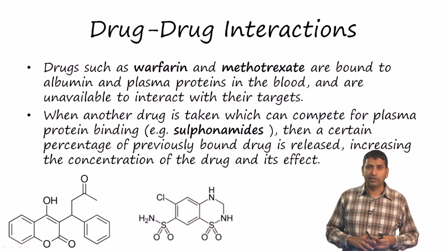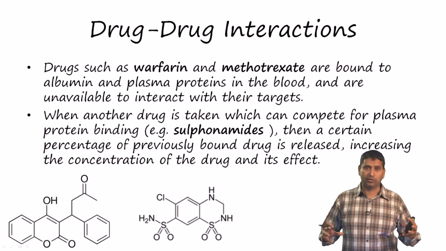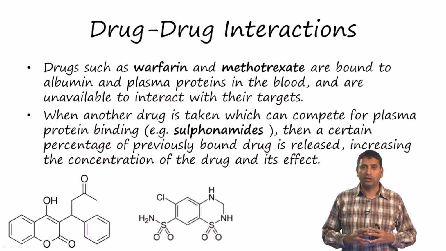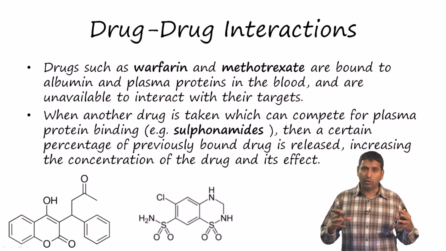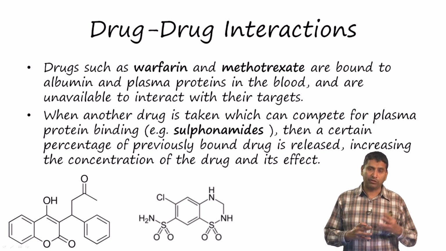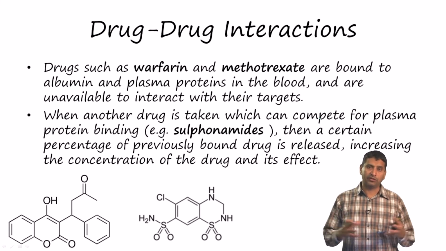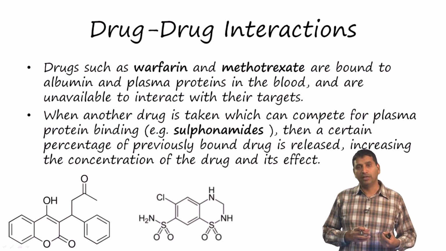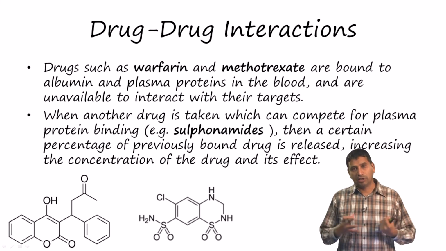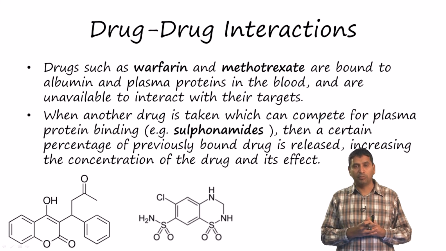Another important aspect is the interaction between drugs. Drugs such as warfarin, whose structure is shown here, are bound to albumin and plasma proteins. We already looked at this, that plasma proteins can bind certain drugs, and therefore, they are not available to interact with their targets. But now, when you take another drug, this drug can come and compete for the plasma protein binding.